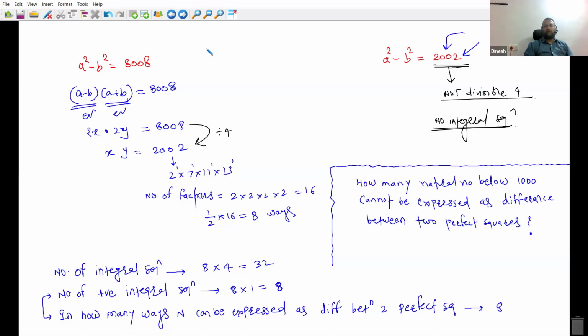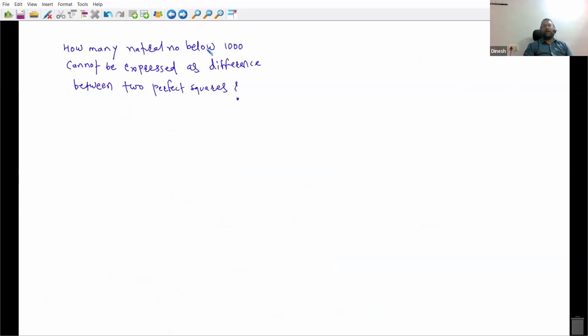So first of all, you need to identify which kind of numbers are the numbers which we can't do. Tell me the answer. Yes. Even numbers which are not multiples of 4. Correct, Rajat, yes.